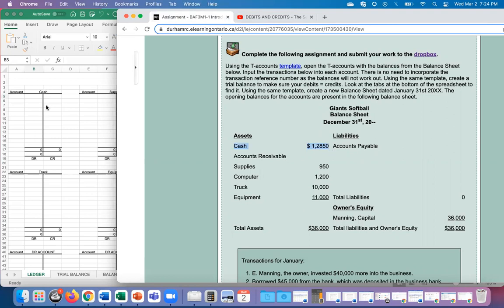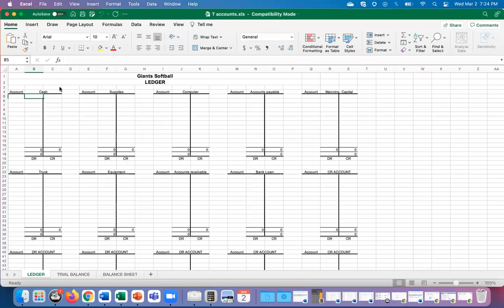$12,850. So I'm going to go over here. We know that the cash account is an asset account, right? We've gotten comfortable with that in making our balance sheet. Now the question is, is an asset account a debit account or a credit account? The answer is it is a debit account, meaning it carries a debit balance.